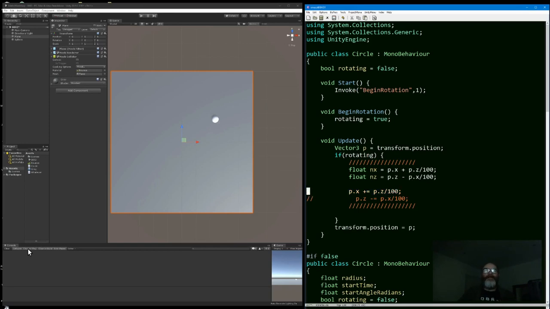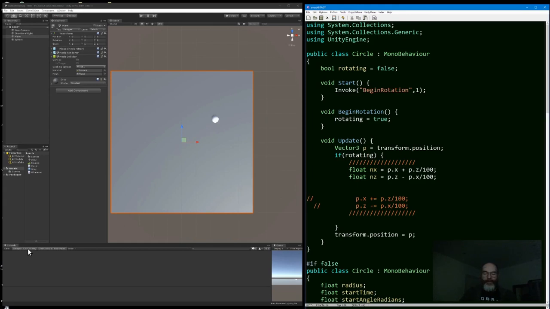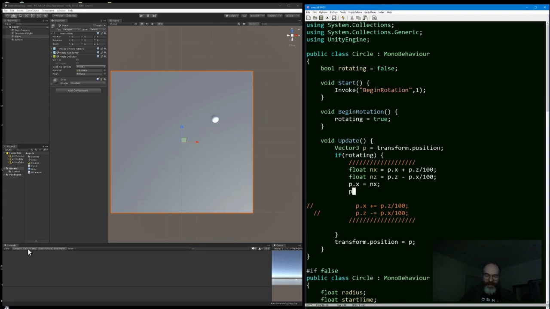And then over here, I'll keep that off. So then what I can do here is say p dot x equals the new x, and p dot z equals the new z.